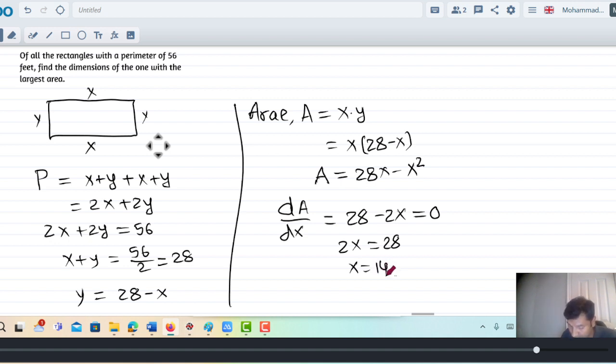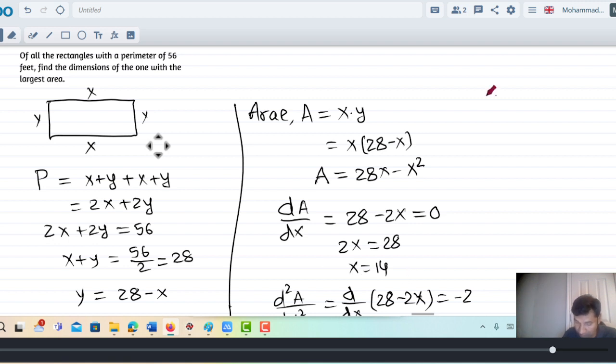Okay, what is the second derivative? The second derivative d squared A over dx squared is d/dx of 28 minus 2x, which is minus 2. The second derivative is negative 2.